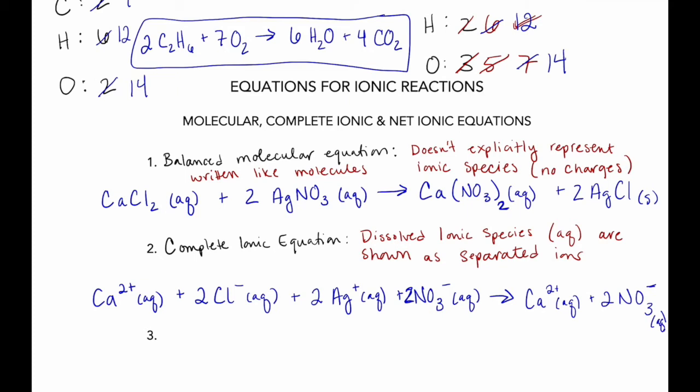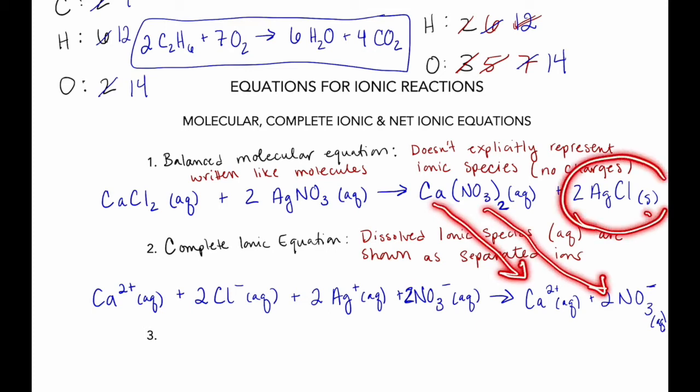That's also aqueous. So everything that's aqueous has been separated out. Calcium, 2 chloride, 2 silvers, 2 nitrates, then the arrow with a calcium and 2 nitrates.